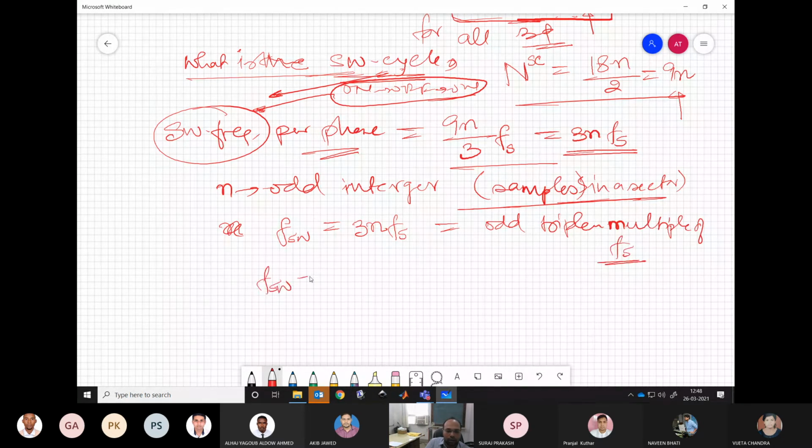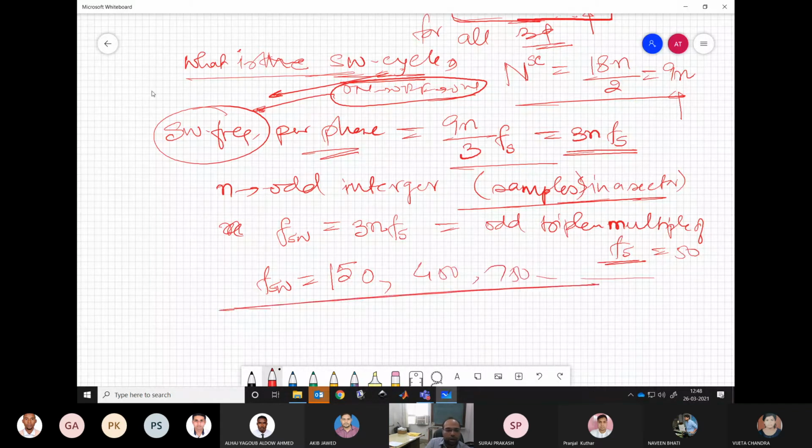So again the switching frequency is the same: for 50 hertz of fundamental frequency, it is 150 hertz, 450 hertz, 750 hertz, and so on. So this I have talked about from the conventional space vector PWM point of view. Is this clear?